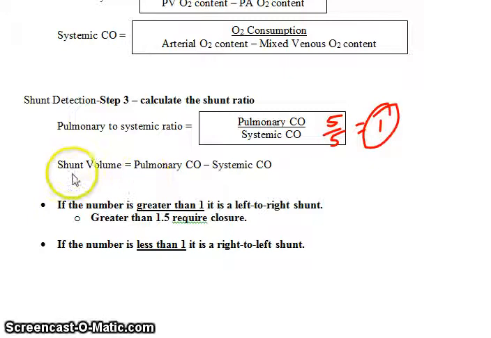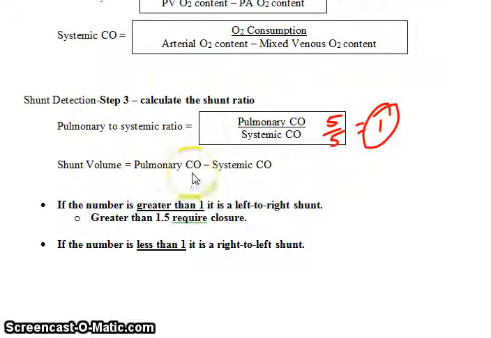So that gives you the ratio. It tells you if it's left to right or right to left, how big it is, and whether it needs to be closed or not. But they also want to know how much volume is shunting.